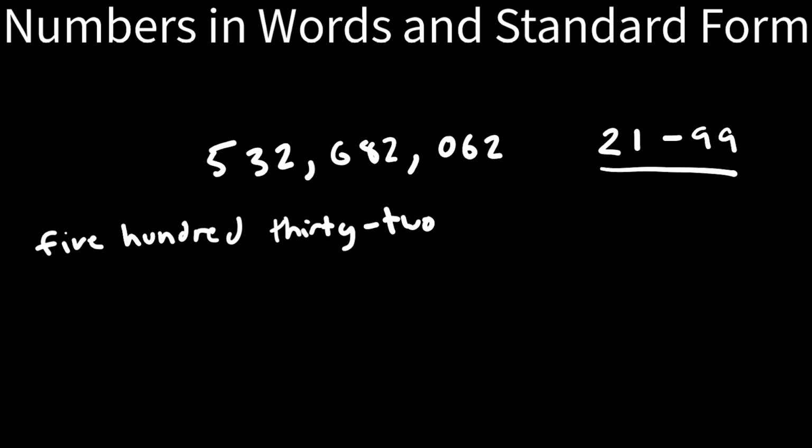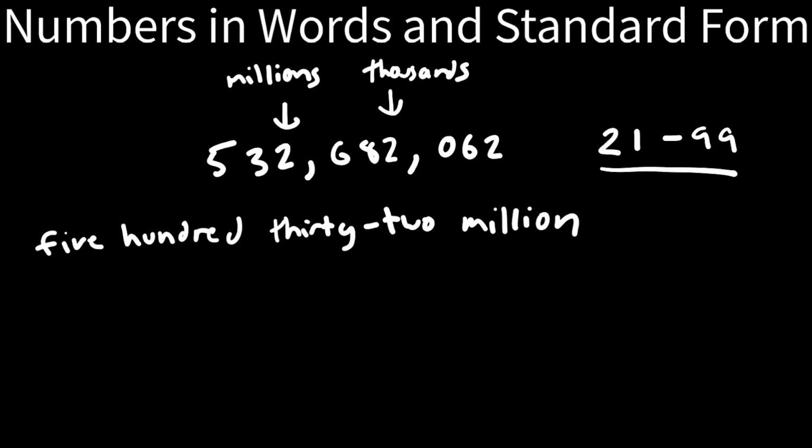Now, what place is this 2 here? Well, as I covered in previous videos, this is the thousands place. And this is the millions. So we would say million. And I'm just going to continue down here because it's very long. 600.